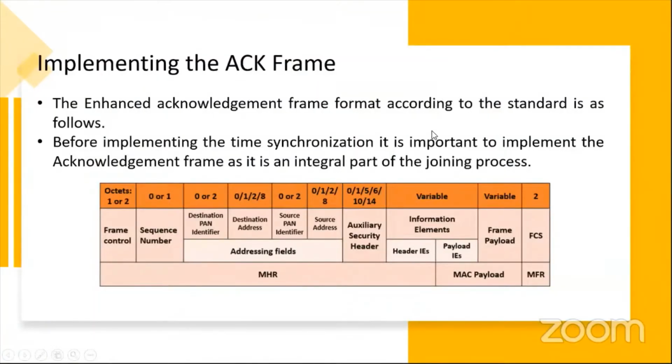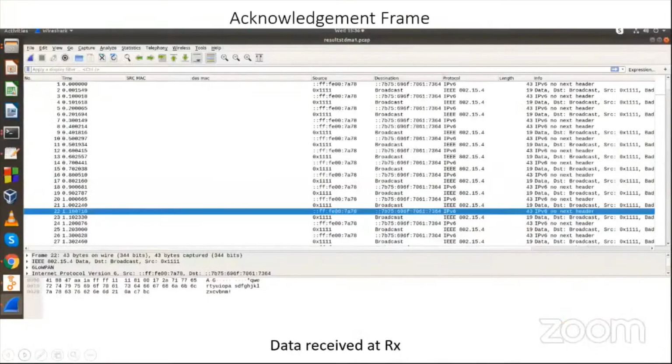Then we also went on to implement the ACK frame in another out of tree module. The ACK frame, the data frame, and the enhanced beacon are all generated and transmitted with the help of another out of tree module, which is called mac.cc. This is the typical ACK frame structure which is there in the standards, and we have implemented this in an array data structure.